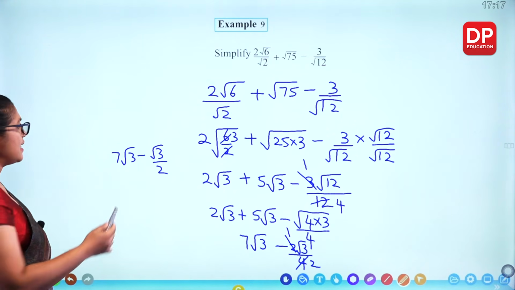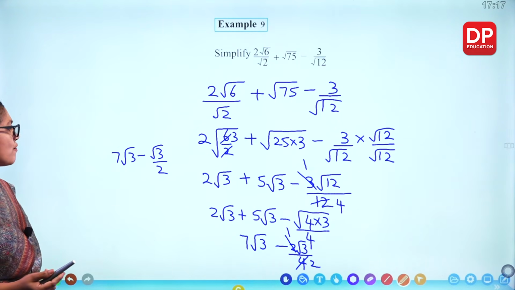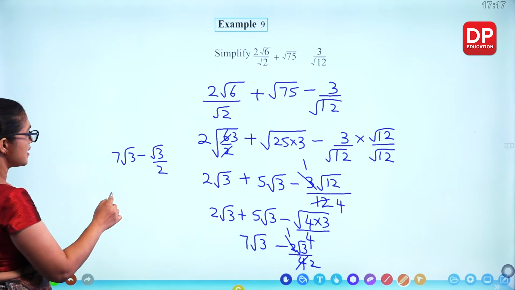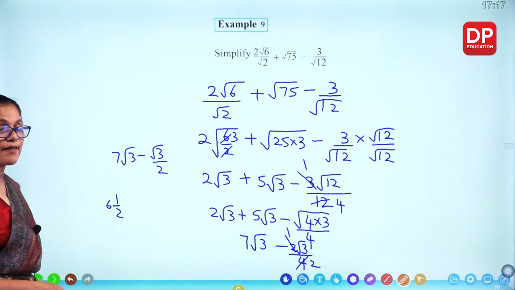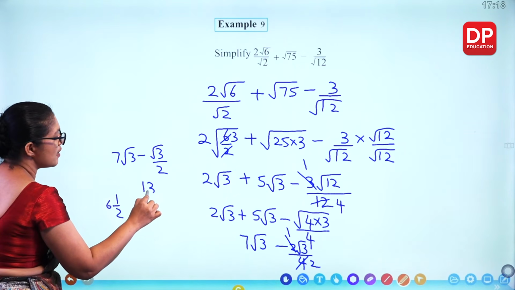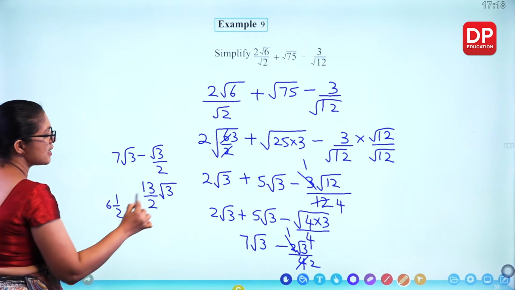So basically that means 7 minus half. So what is 7 minus half? You get 6.5. So how can I write 6.5? I can write 13 over 2. So here what's the answer? 13 over 2 root 3.